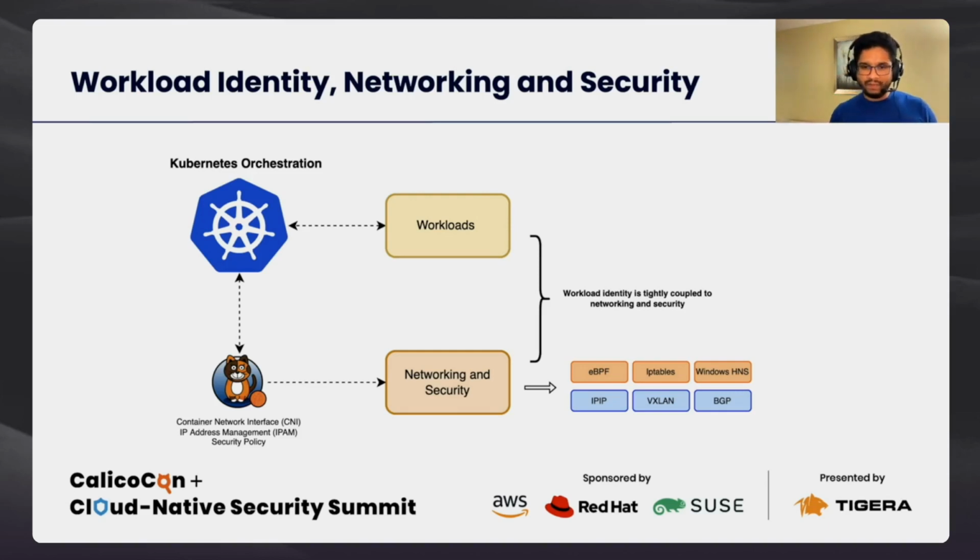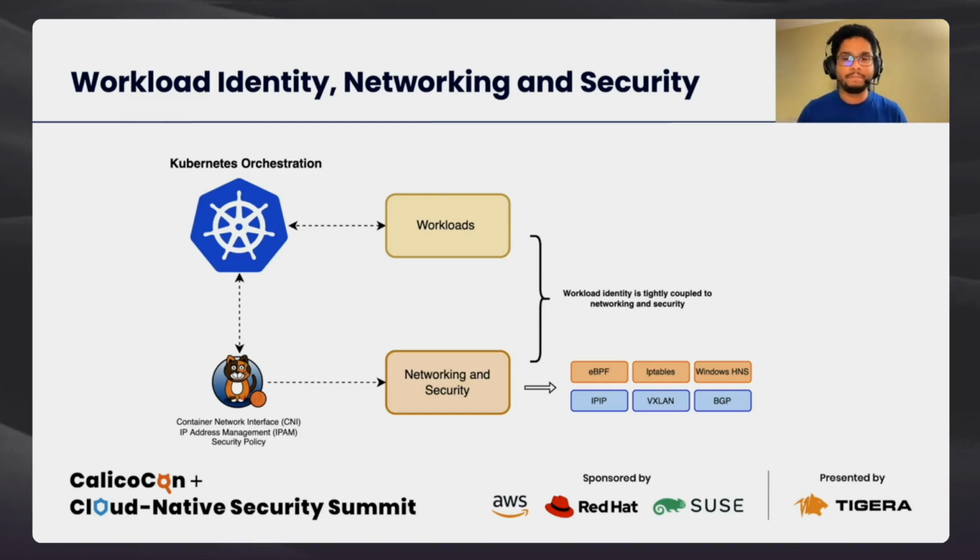Now, Calico is quite flexible in the routing modes that it supports, as well as the data plane it supports for policy enforcement. So for routing, you can choose between IP in IP, VXLAN overlay modes, or native BGP. And for the data plane, you can choose between eBPF, IP tables, and Windows HNS if you have Windows nodes in your clusters.